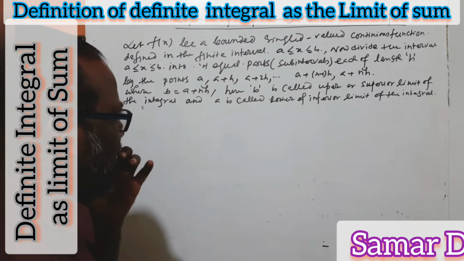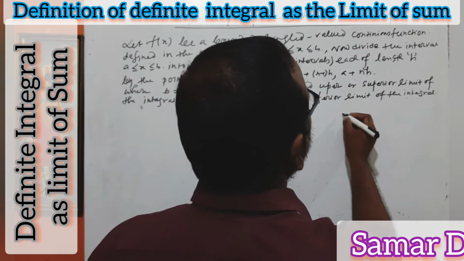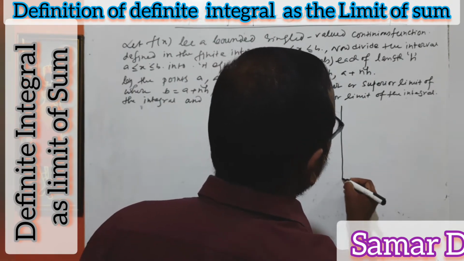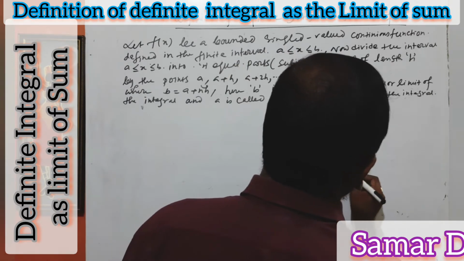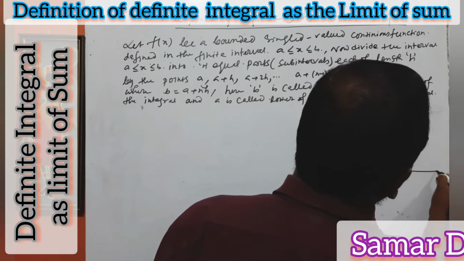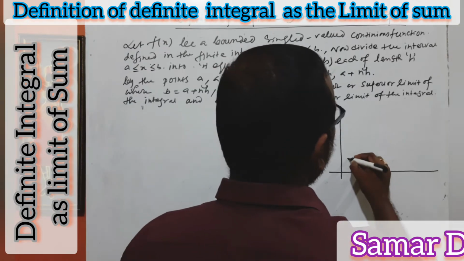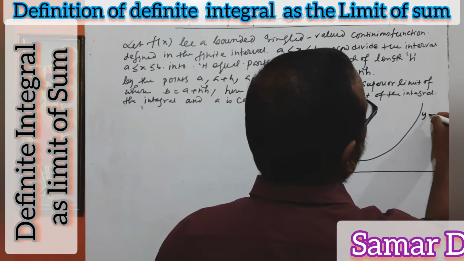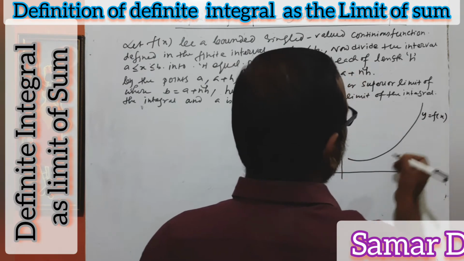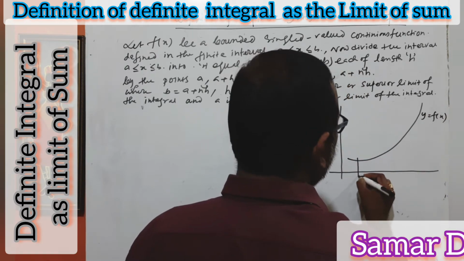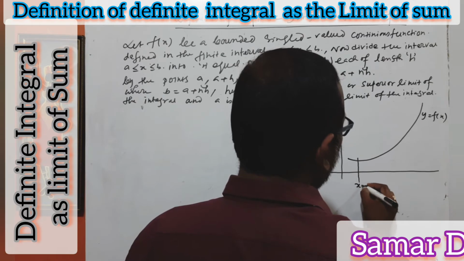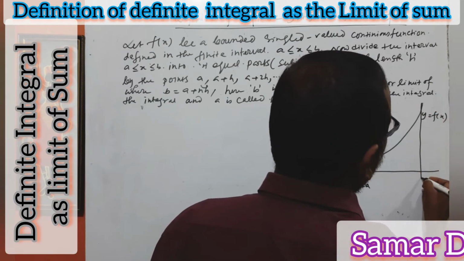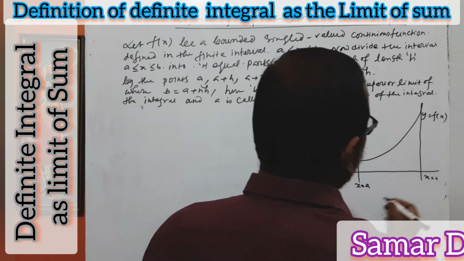See the drawing here. This is the y-axis and this is the x-axis, a curve, that is y equal to f of x, and this is x equal to a, and this is x equal to b.